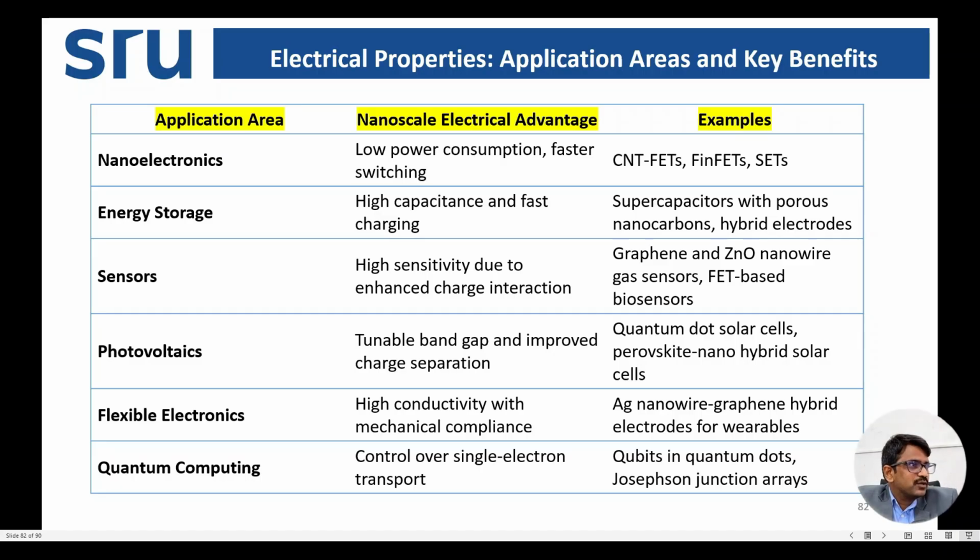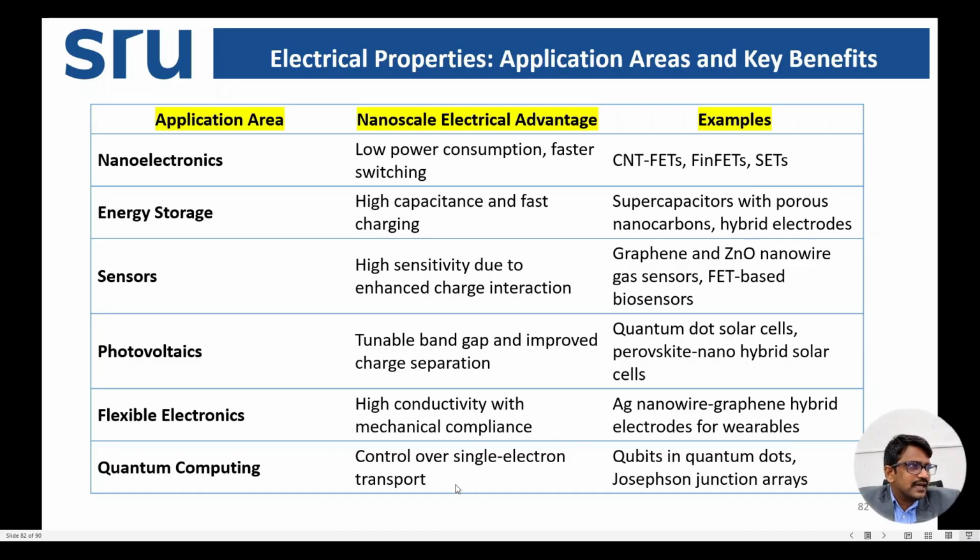Next, flexible electronics. High conductivity with mechanical compliance. Examples: silver nanowire, graphene hybrid electrodes for wearables. So for wearable smartwatches, wearable sensors. Okay, so then quantum computing. It is an advanced technology, which is still in the R&D stage.